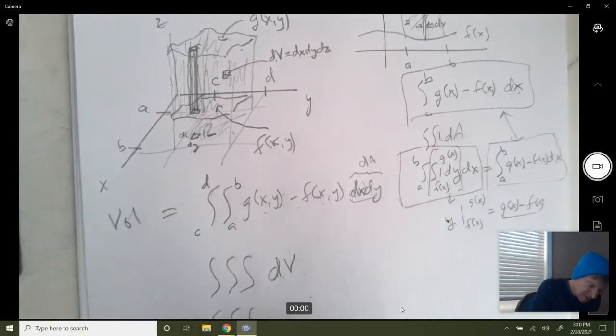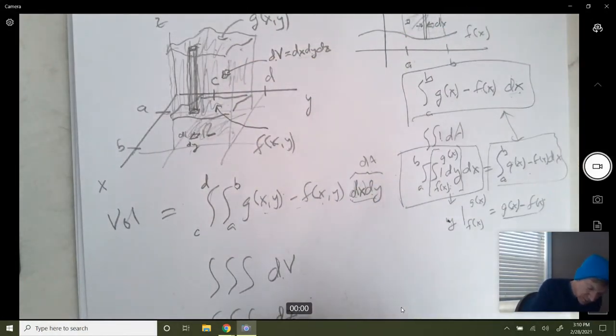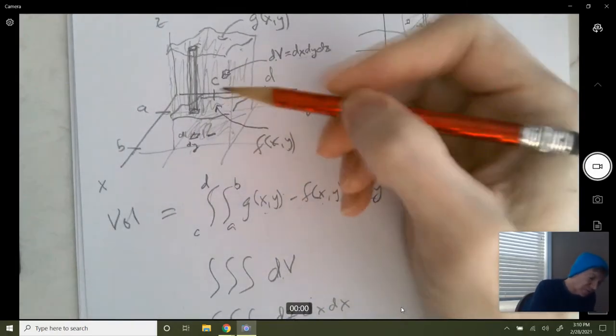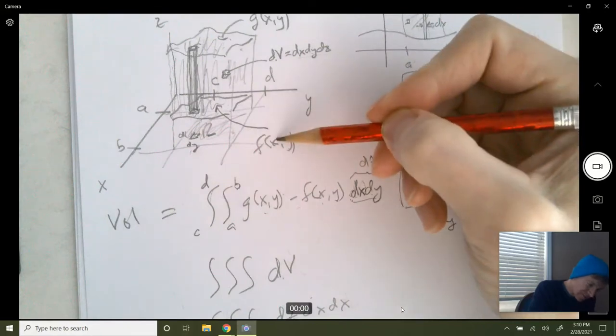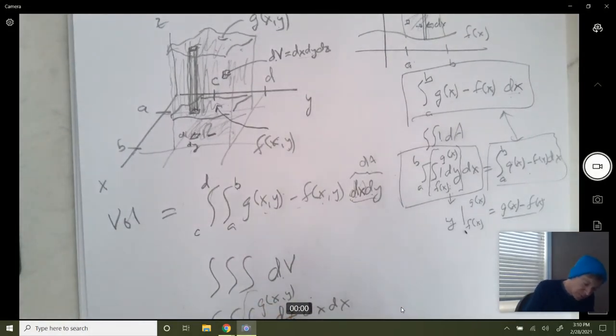So in this case, it looks like it's easiest to do the dz first, and then the dx dy. Z is going from this surface to this surface, so from f of xy up to g of xy. And after you do the dz first, now you do the dx dy.